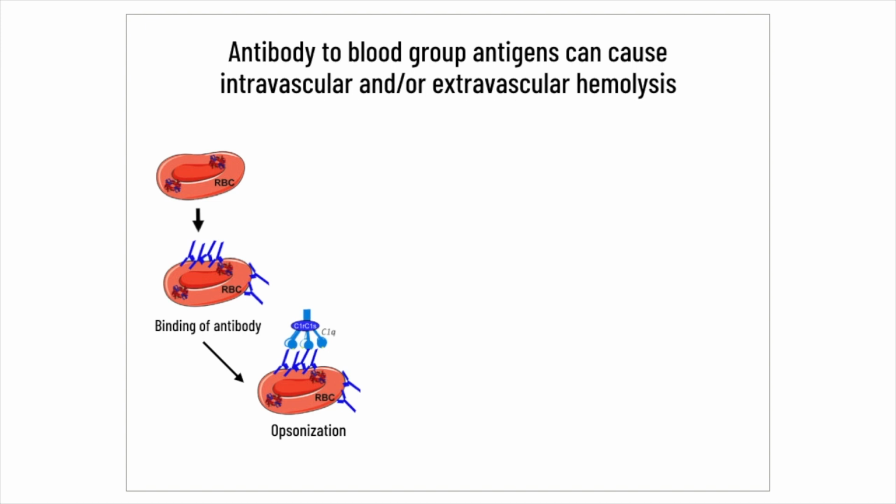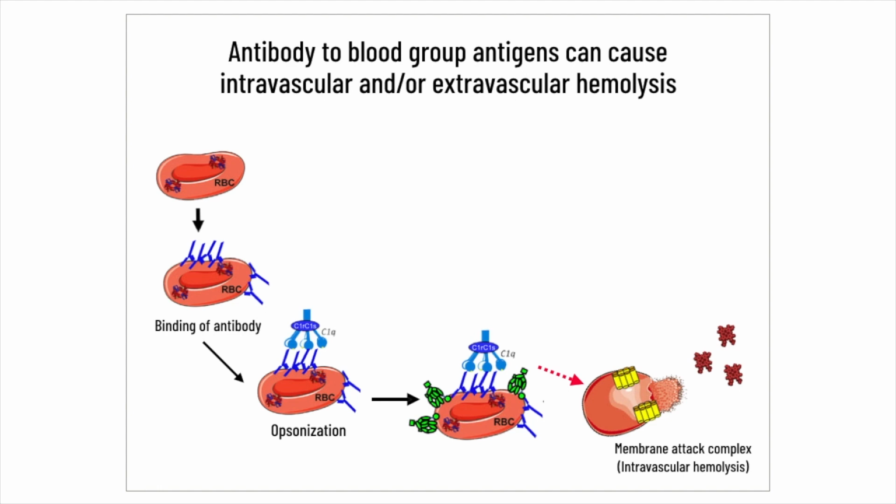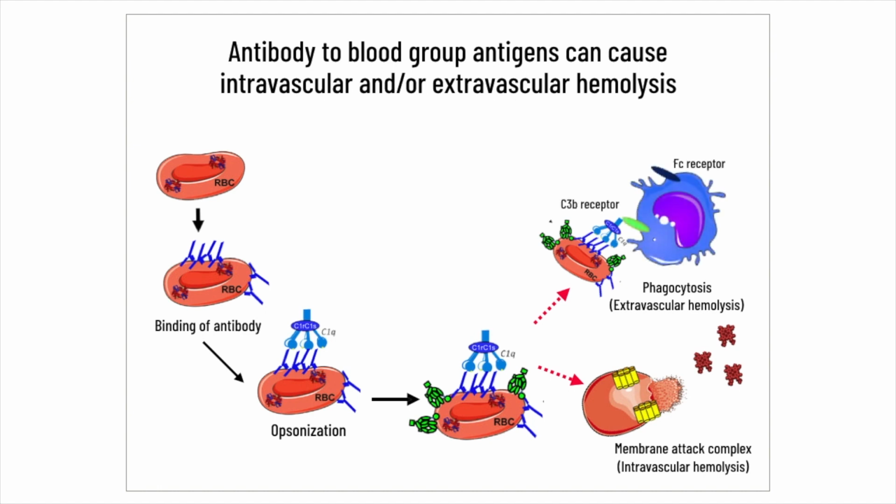If the antibody can fix complement, the complement cascade will proceed and induce the membrane attack complex, resulting in intravascular hemolysis. In addition, some red blood cells with incomplete complement activation move to the RE system and are phagocytosed by phagocytic cells through the C3b receptor, resulting in extravascular hemolysis.